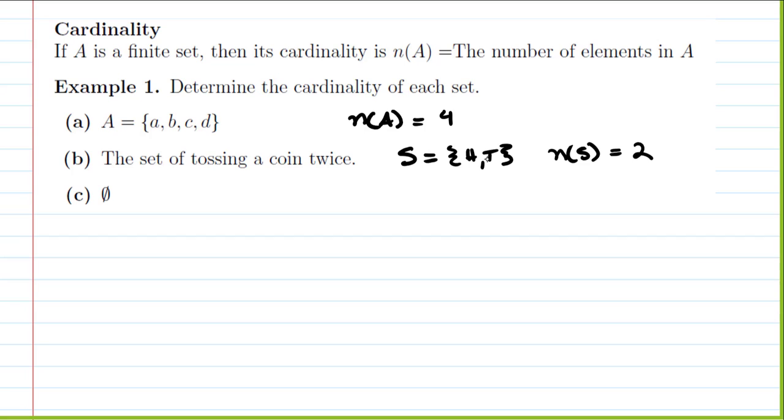And finally, the empty set, remember, is the set that contains no elements, so the number of things in the empty set is going to be 0. So for cardinality, we're just asking how many elements are there in a set.